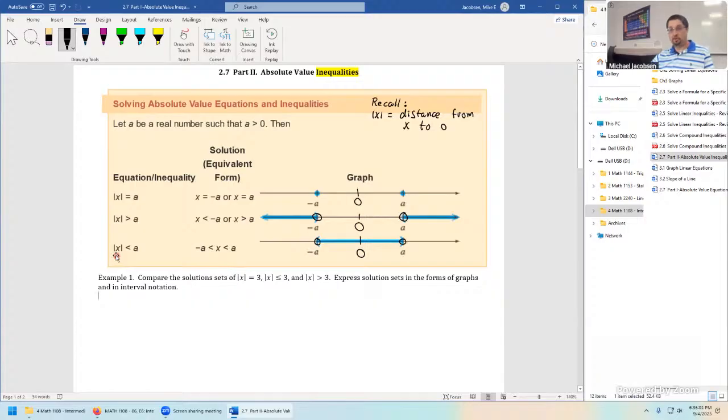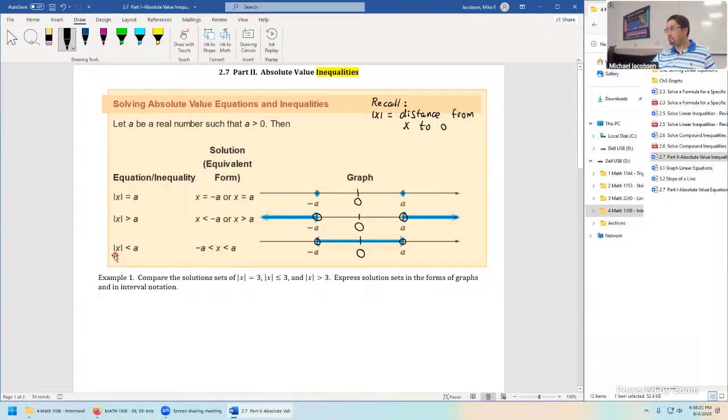Last, and equally important, this one is saying, let me say it better using the distance from x to 0, forget about my way of thinking. This is saying that x is close to 0. It's close in the sense that it's within a.